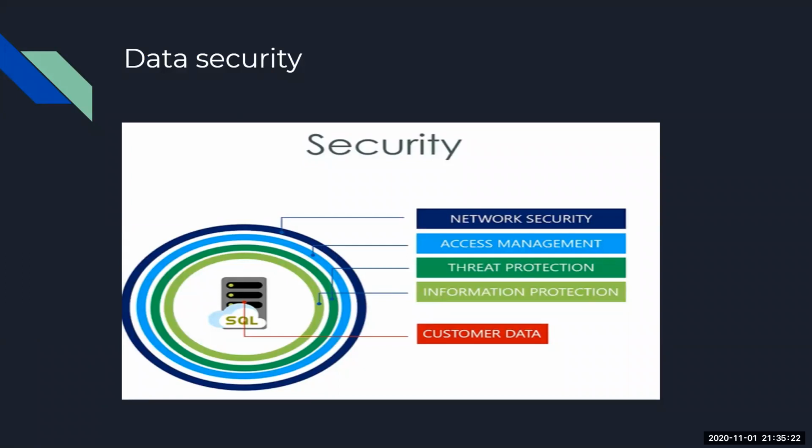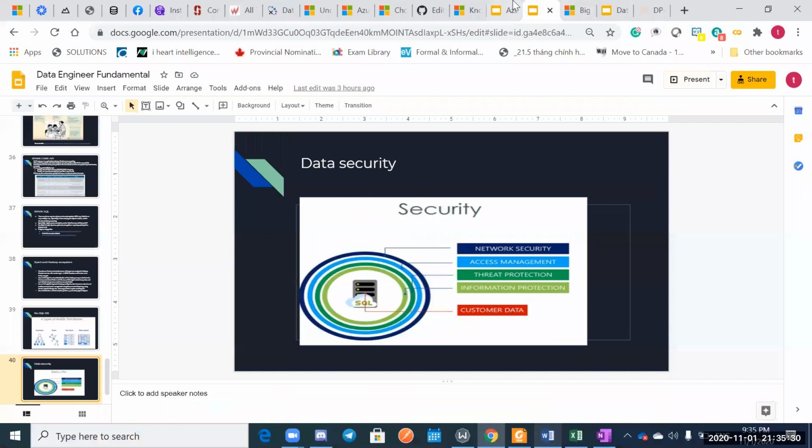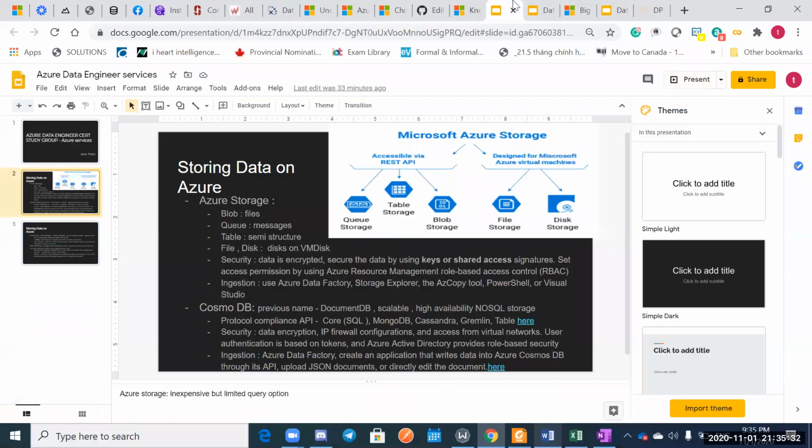Threat protection is how you protect against people misusing their rights. Information protection is where we talk about data masking and data encryption. And remember, all of the data stored in storage or databases is encrypted, so you have that information protection of your data.